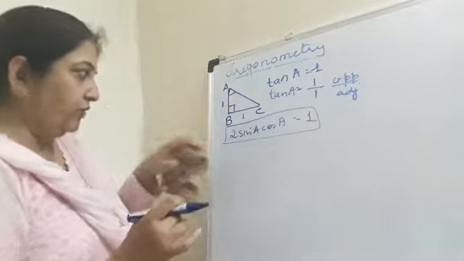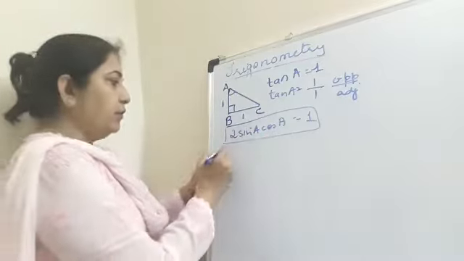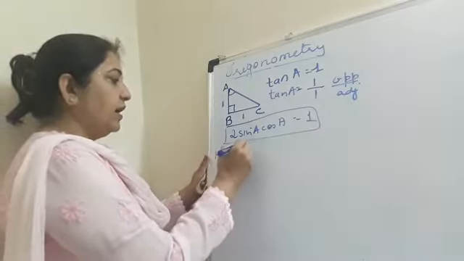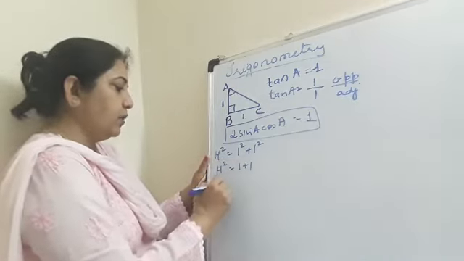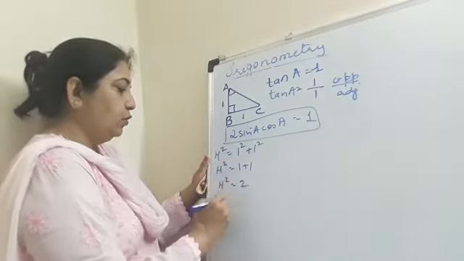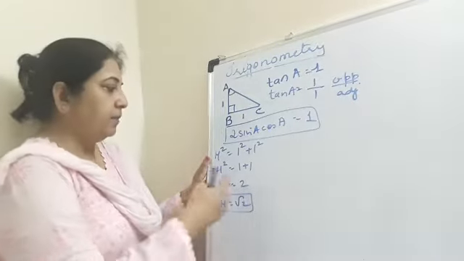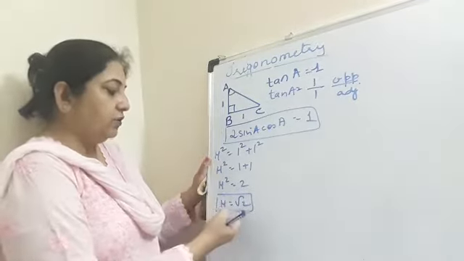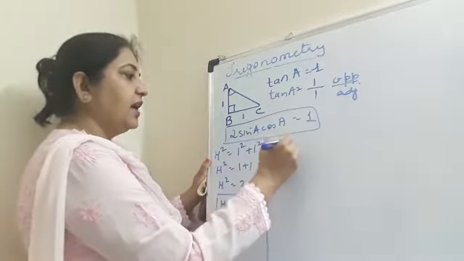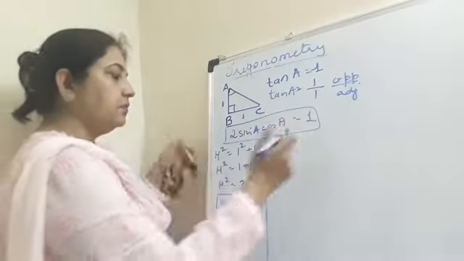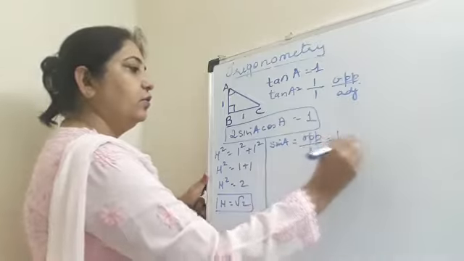And you all know, to find sin A and cos A, we need the hypotenuse, right? So to find the hypotenuse, I will quickly solve h square as 1 square plus 1 square. h square will be 1 plus 1, and it will be 2. So h will be root 2. Now we'll find out what is sin A. Sin A is given by opposite upon hypotenuse, which is equal to 1 upon root 2.